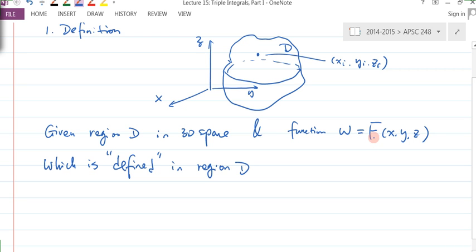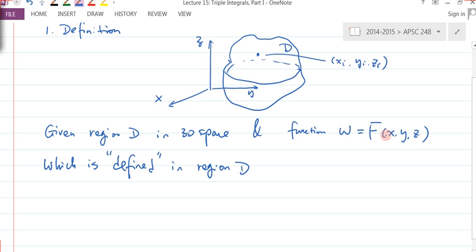Now, this is what we're saying mathematically. But if I want to use a physical meaning, maybe this is a solid object, and this f represents the density of this solid object. So what's the density? Basically, there's a non-constant density. At each point, you have a density value associated.